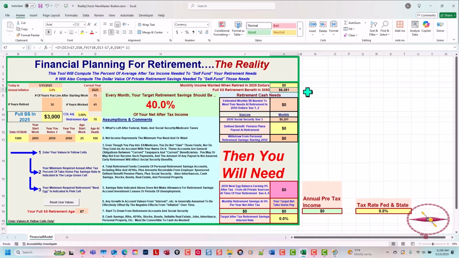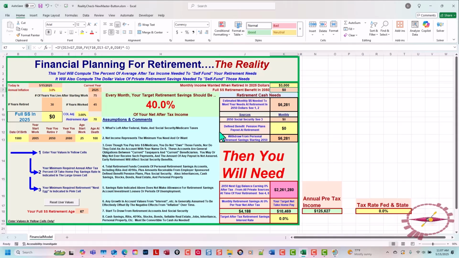To do this, we're going to assume that the benefit from Social Security will be zero, but we'll plug in up here $3,000, the same amount. That would equal the monthly income we needed when we retired in 2025. Notice that the monthly amount being withdrawn is the same that we had before, $6,281.